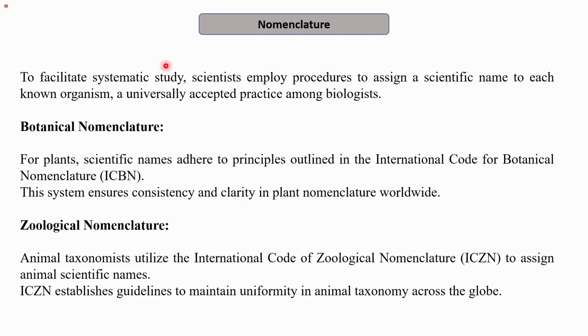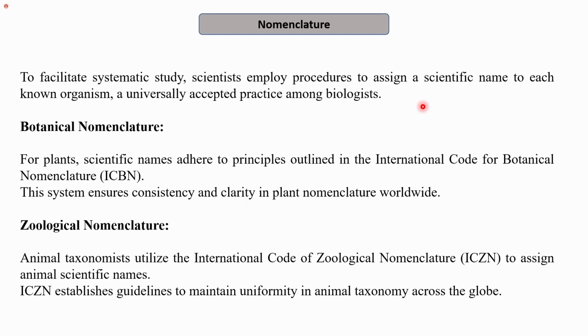So to facilitate systematic study, scientists employ procedures to assign a scientific name. Now we have some local names also. For example, in the local name we call it mango. But this mango can be called something different in some other parts of the world.